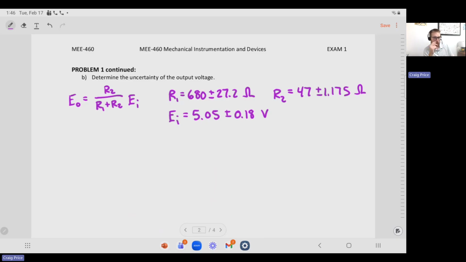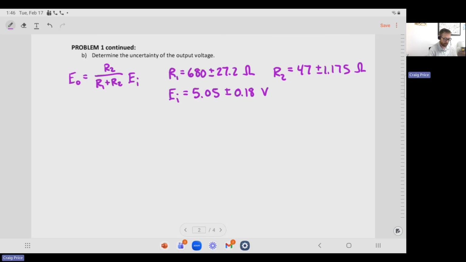So what I have to do now, if you feel good about derivations and you can do partial derivatives, you're okay with the R1, R2 in the denominator, whatever, go for it. That's totally fine. For me, I thought, this is a little bit difficult. So what I chose to do was the sequential, where I'm going to make a table and I'm going to try to fill that out.